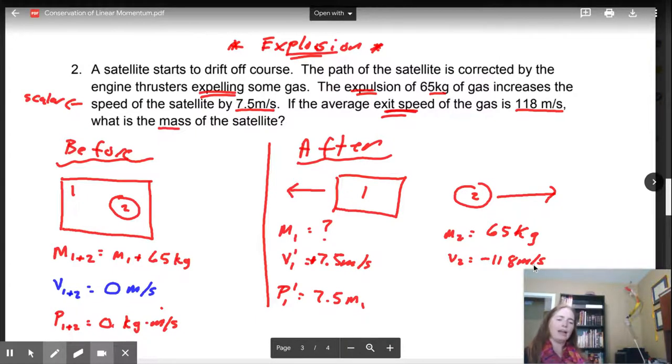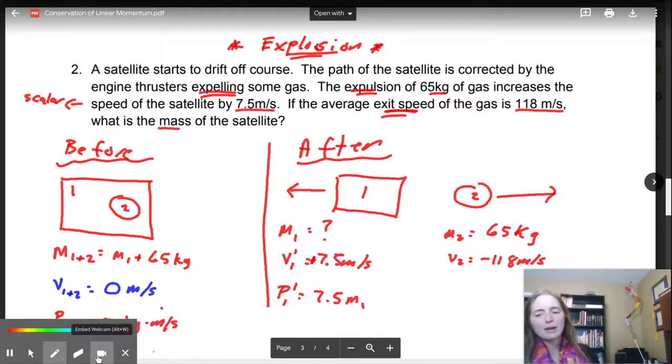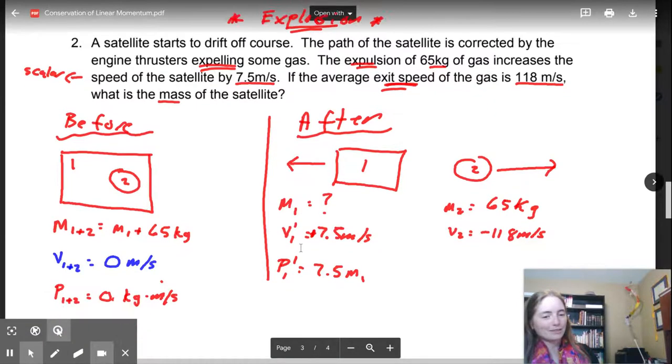But you say, it is scalar because you said speed. Well, it's true, I did not give an actual direction. But it is going to matter because they're going in opposite directions from each other. So they're vector in reference to each other, essentially, even though they have no actual given direction. That makes sense? You still got to make one negative, guys.